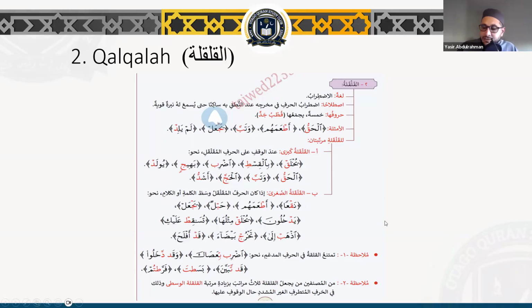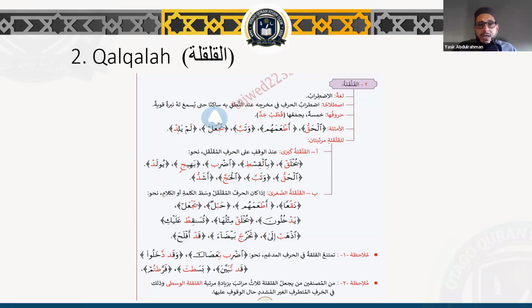What happens is when you stop on these 5 letters with sukoon, if you remember from the very first part of the characteristics, we said that these letters, in addition to the hamza and the kaf and the ta, are strong letters, difficult letters to pronounce, حروف شديدة, because the sound stops at them.